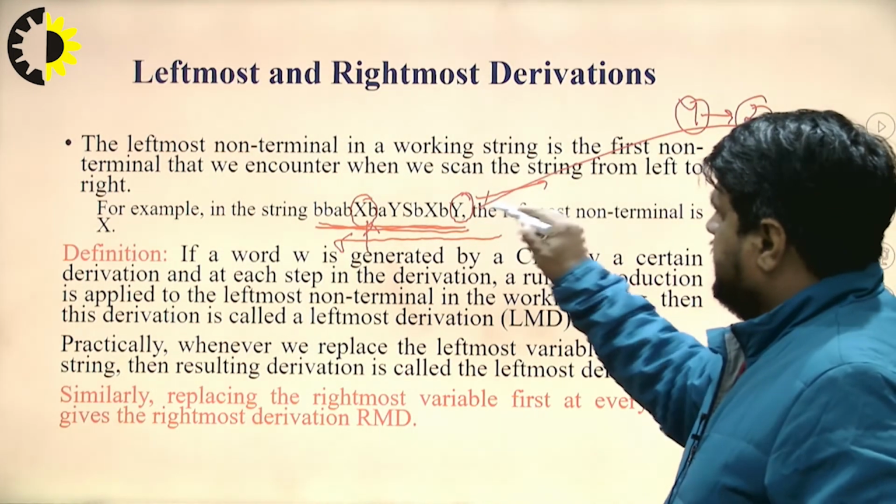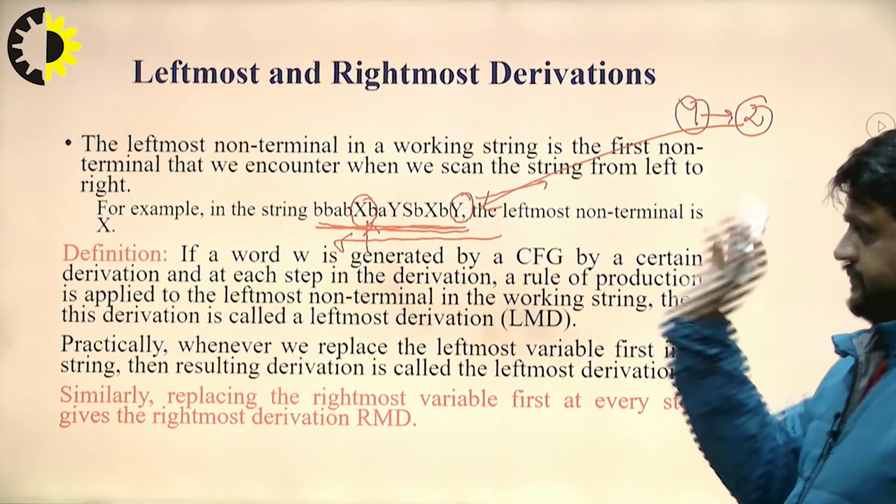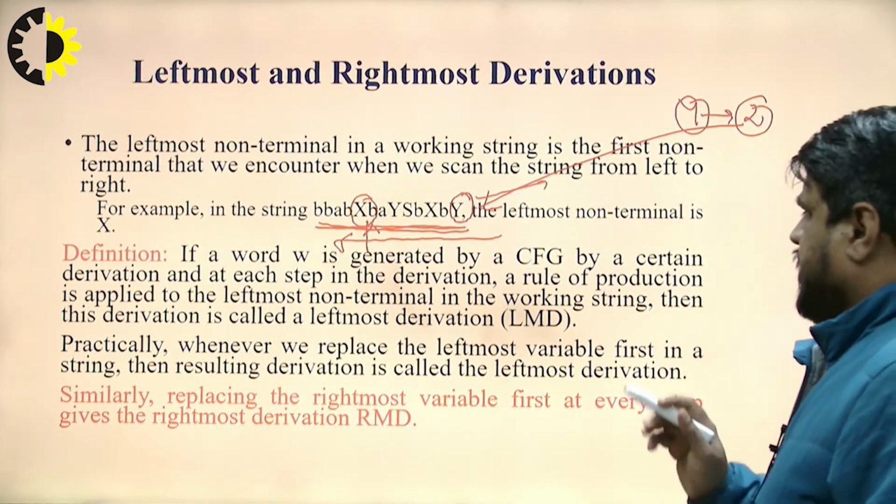Then it is called the rightmost derivation.